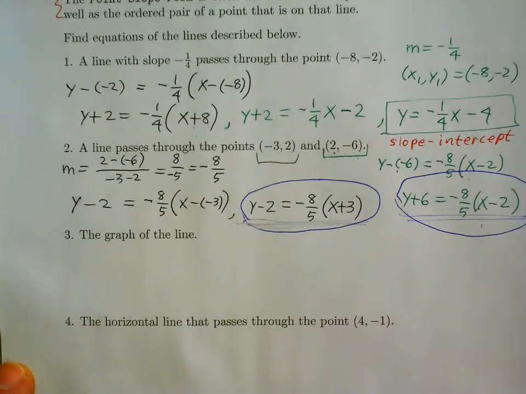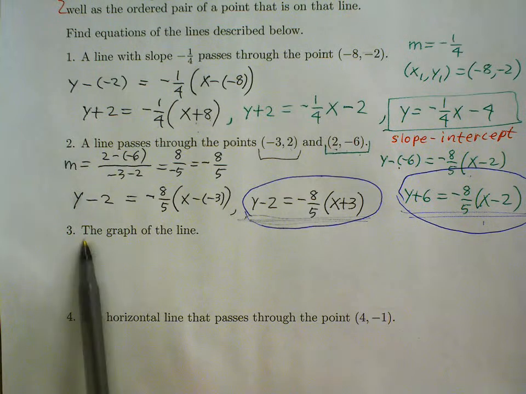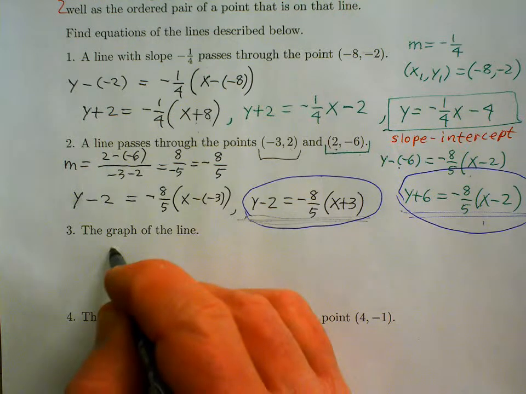Okay, number 3, the graph of the line. Find the equation of the line by using the graph of the line. Well, we're missing a graph, so I'll just graph a line.